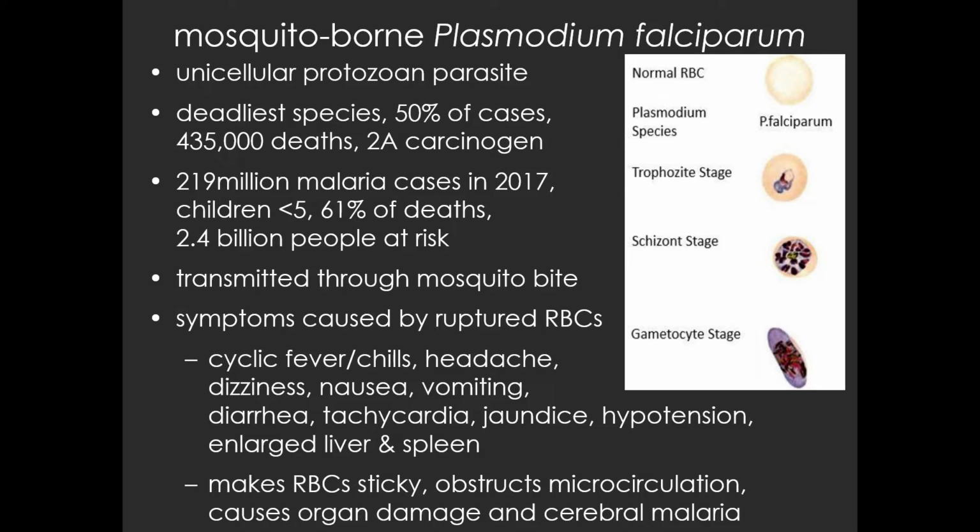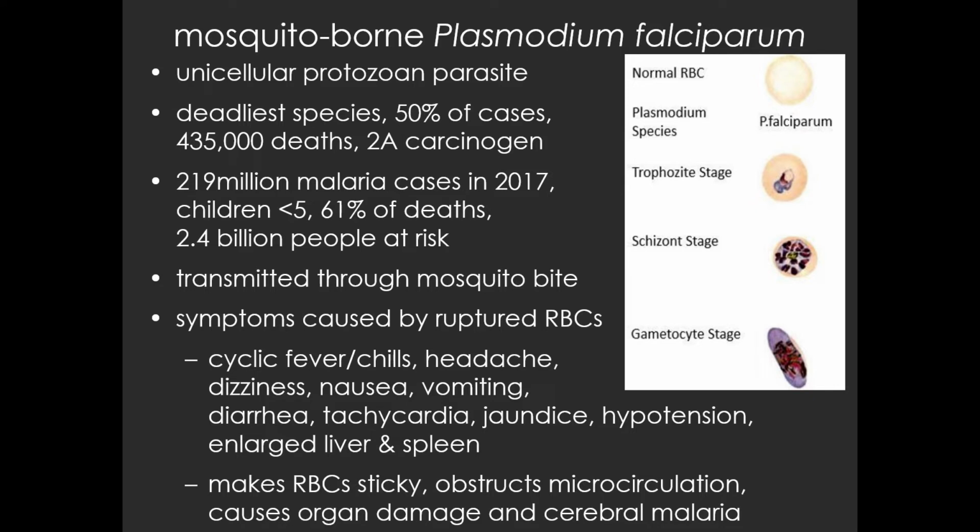There were about 219 million malaria cases in 2017, many of them in children under 5 years old. This accounts for about 61% of the deaths, and every day 2.4 billion people are at risk of malaria, which, as I mentioned, is transmitted through mosquito bite.